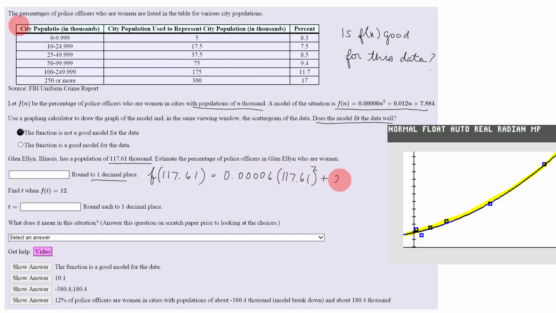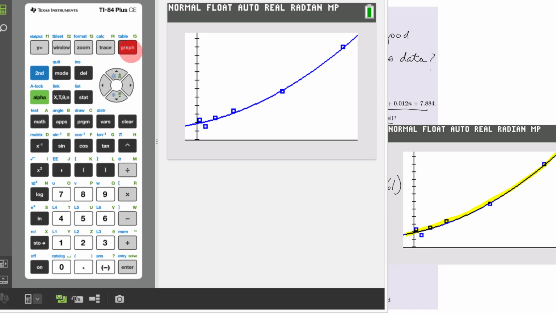And we could do this by hand, or we could utilize our graphing calculator. And then plus that 7.884.